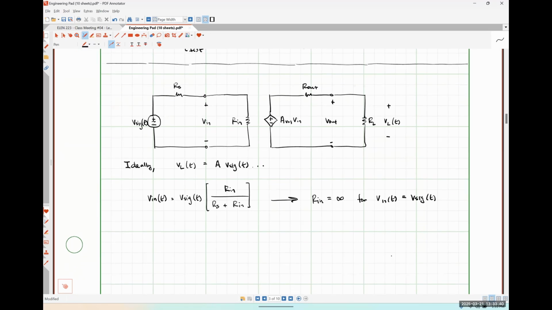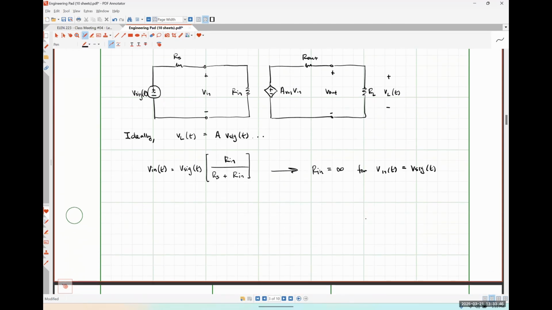Now let's look at the output side, okay? So I want VL to be equal to AVOL times Vn, okay?